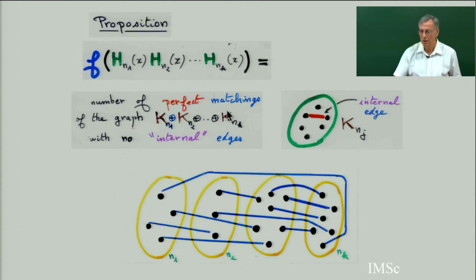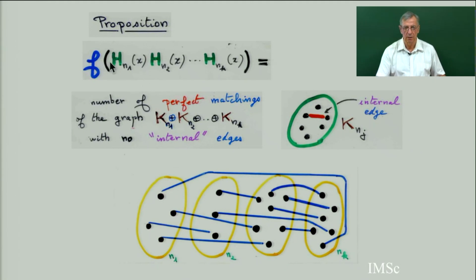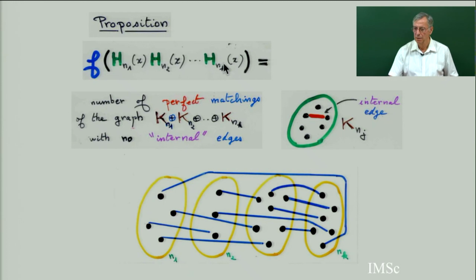In this graph, this is a complete perfect matching of the graph, but I don't have any internal edges in each of these blocks of this complete graph K_n1, K_n2, K_n3, etc. So I claim this proposition. This is exactly the number of perfect matchings of this graph with this condition.